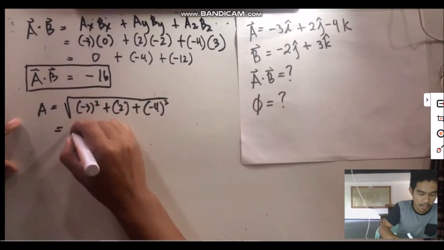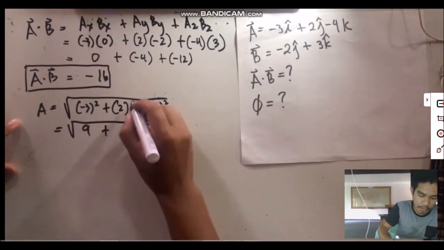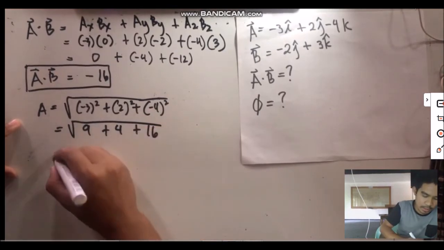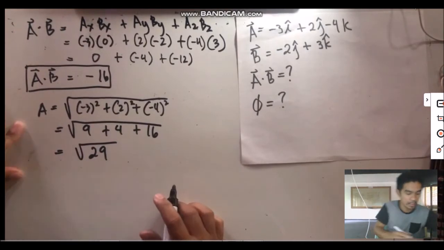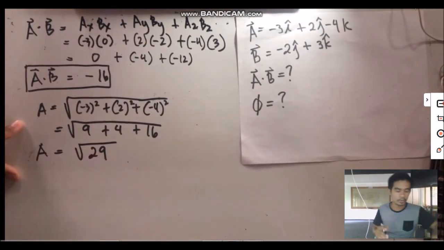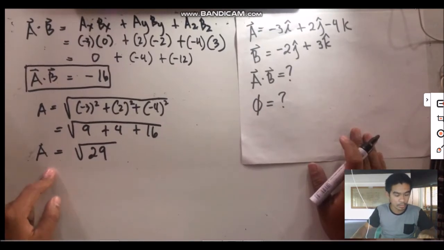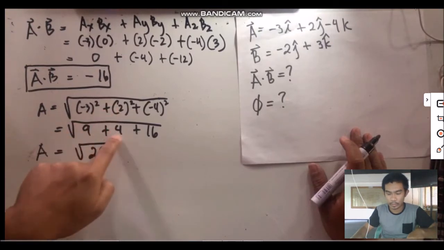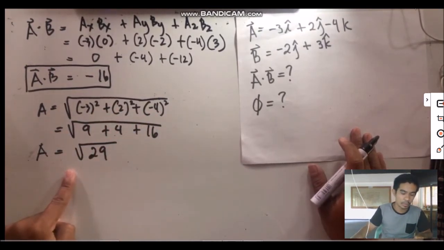So that is the square root of 9 plus 4 plus 16. That is square root of 29. This is the magnitude of vector A. Double check: negative 3 squared is 9, 2 squared is 4, negative 4 squared is 16. Then we have square root of 29.